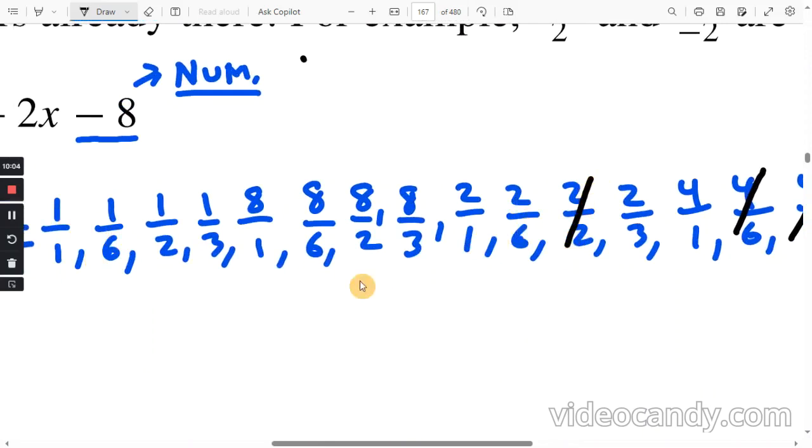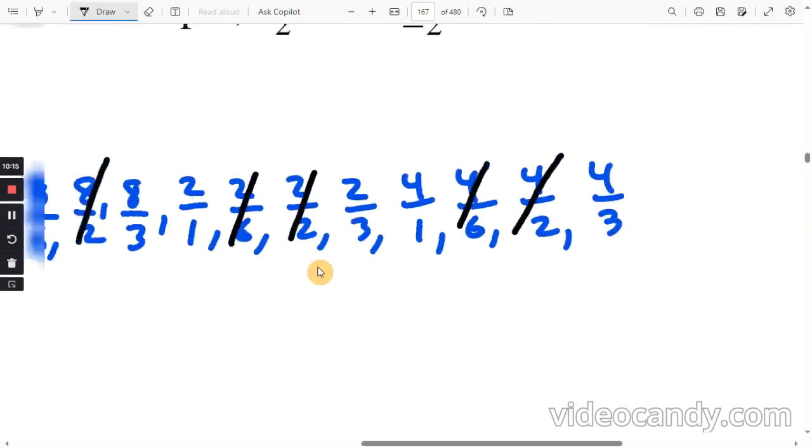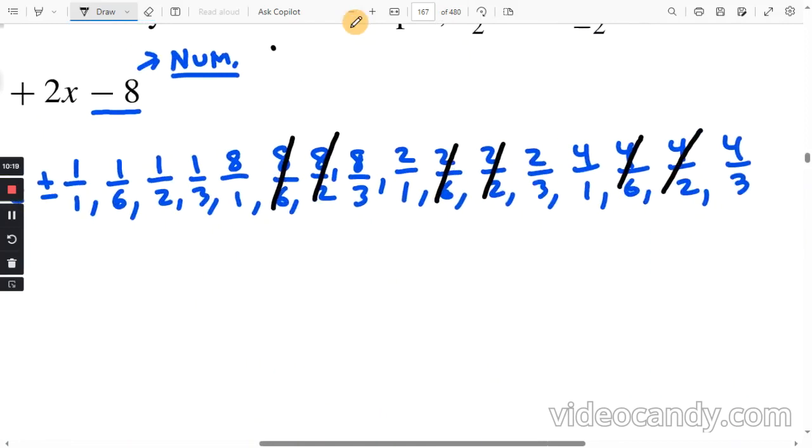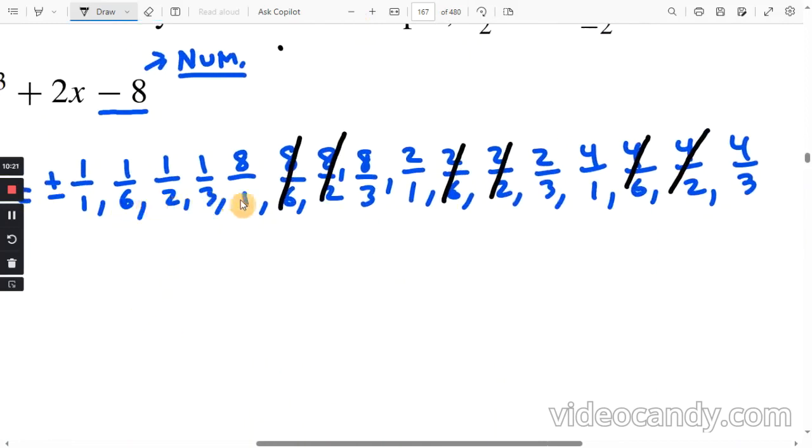Let's see, 2 over 6 is the same as 1/3. That's gone. 8 over 2 is the same as 4 over 1. That's gone. 8 over 6 is the same as 4/3. That's gone. And let's see, I think that's it. All right, so that cuts down our list quite a bit.